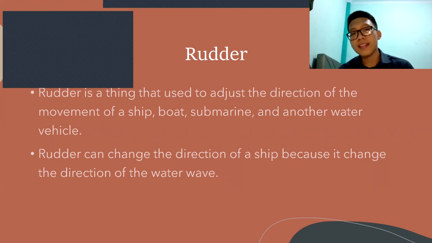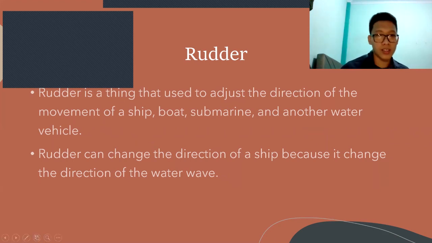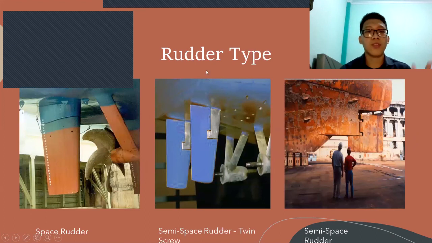That's theoretically and basically how a rudder works and what a rudder is. As for types of rudder, commonly there are 3 types. First, the space rudder, just like in my view on my left.